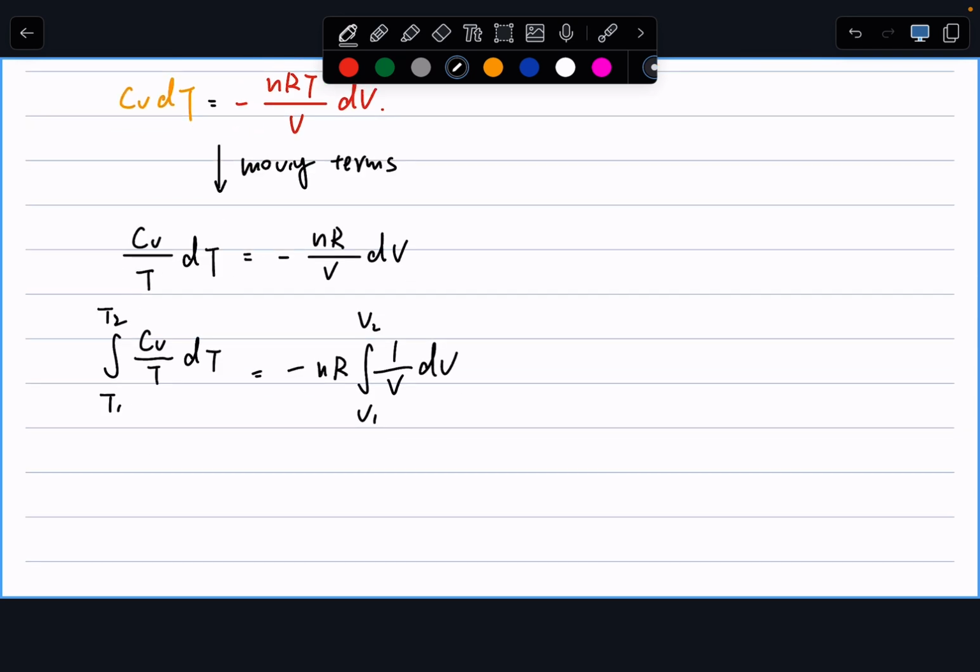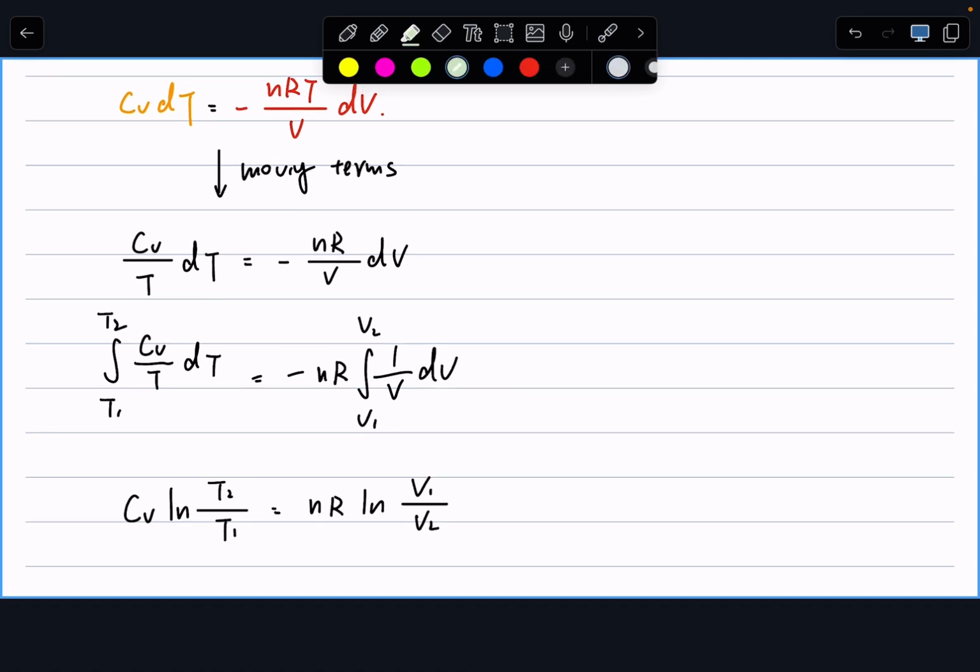Solving this integration, we end up with an expression of Cv ln T2 over T1 equals nR ln V1 over V2. Note that this negative goes in there. That's why it's V1 over V2 on the right-hand side.